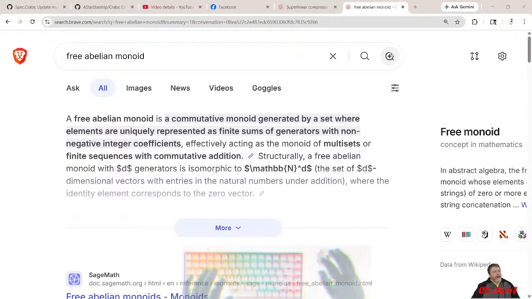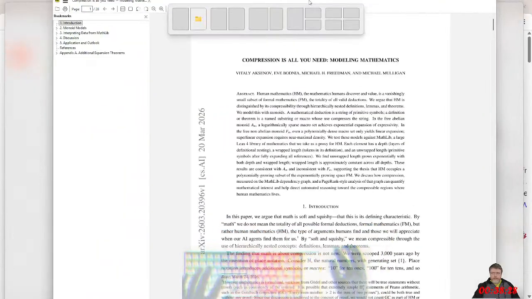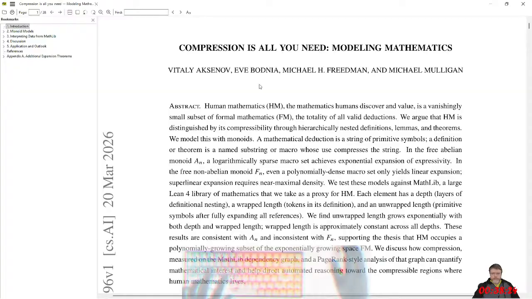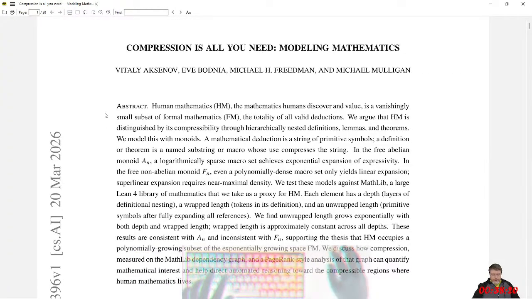All right, well, what do I need? I need the resources. AI version is all you need, baby. All right, going into AI research mode.